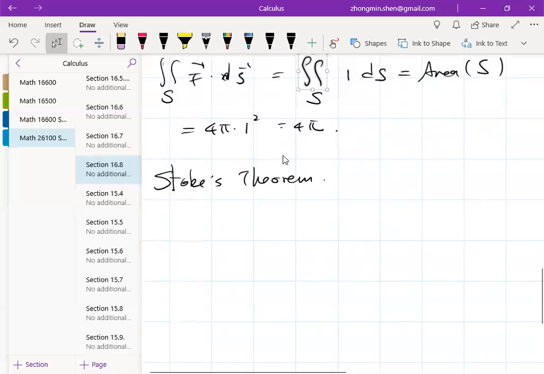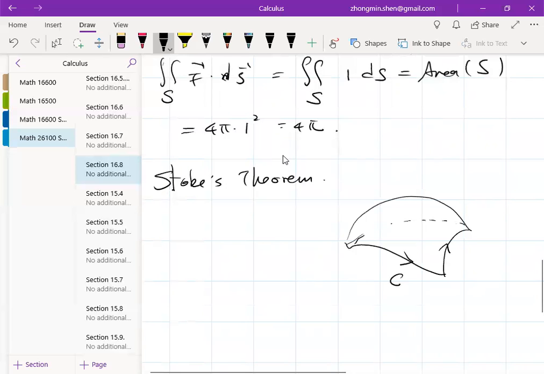If S is an oriented piecewise smooth surface that is bounded by a simple closed piecewise boundary curve with a positive orientation. Okay, let me just draw the picture. So it's a surface, and this is a positively oriented curve. This is the boundary.